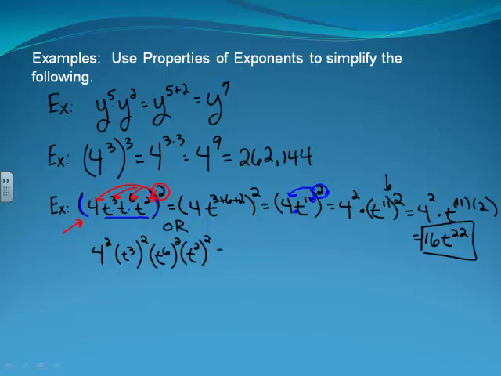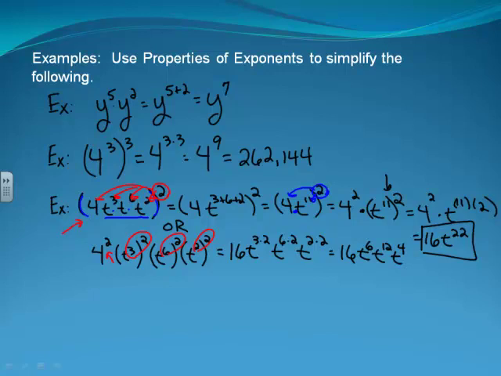Now, clean that up. The power to power terms here will multiply. Powers to powers multiply. And here, we can just expand this out. 4 squared is 4 times 4, so that's 16. So powers to powers, we've got t to the 3 times 2 power, t to the 6 times 2 power, t to the 2 times 2 power, which gives us 16 t to the 6th, t to the 12th, t to the 4th.